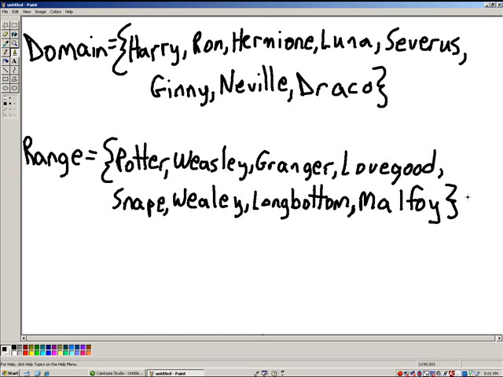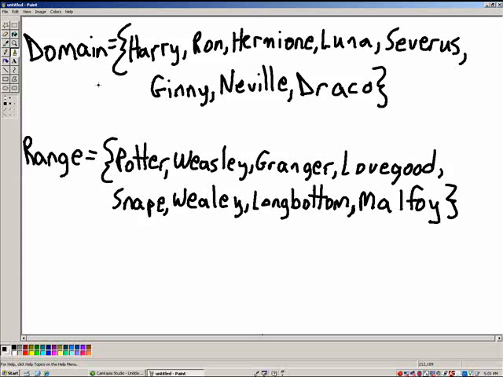You will often see domains and ranges listed like this. The symbol indicating a set is the brace right here. It often reminds me of Bob Hope. That's how I can remember how to do the braces. We've got a great big forehead over here, a really pointy nose, and a great big chin.